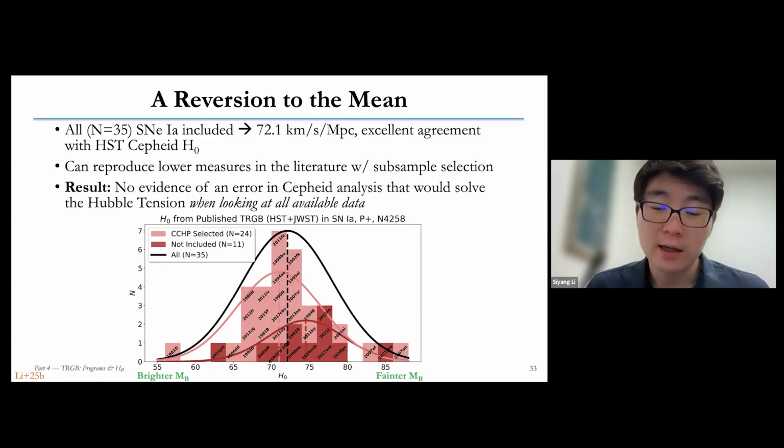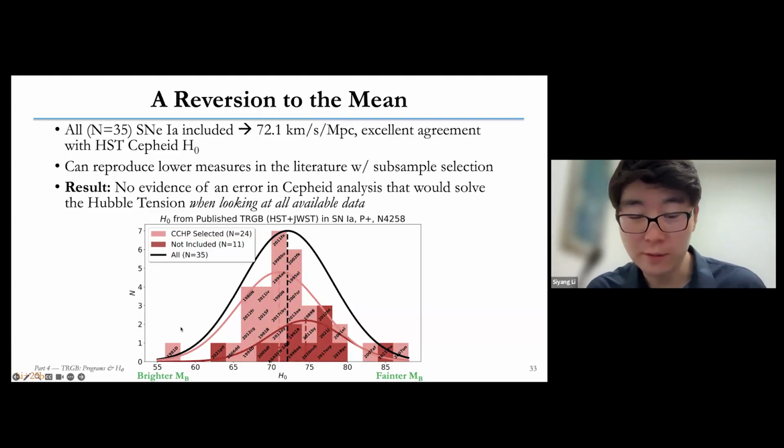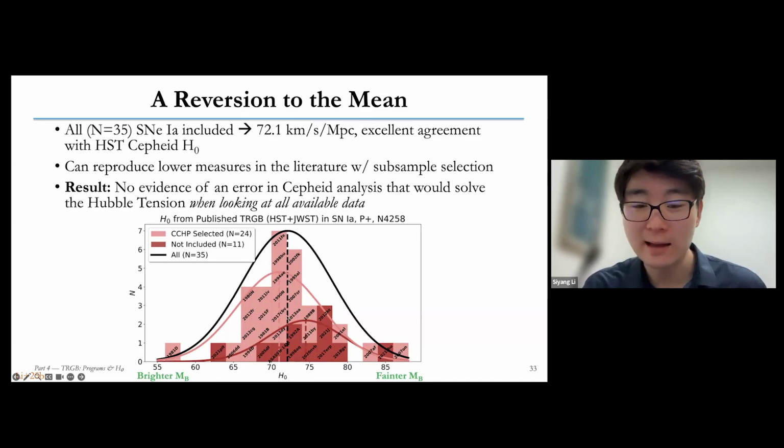And we can compare what happens if you choose a subset of these type 1a supernovae. We can compare to the results of another major group who also did a JWST measurement of the Hubble constant, CCHP. If we use the full type 1a supernova data set, we have this distribution, with this mean shown here with the dashed black line.